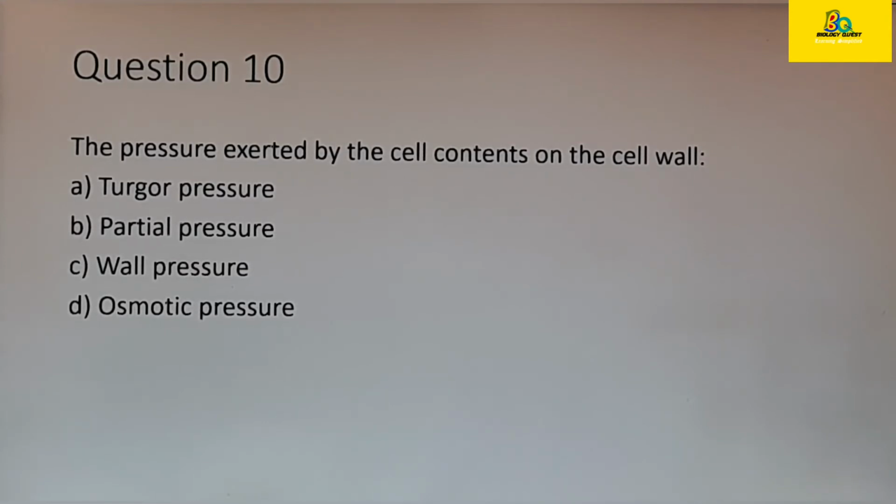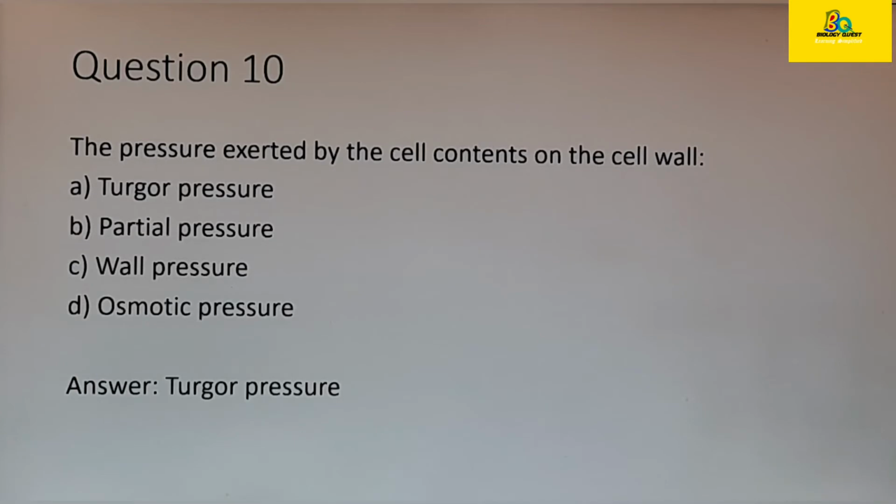And in return to this turgor pressure, the cell wall exerts a pressure on the cell contents. This pressure is called wall pressure. The correct answer is option A, turgor pressure.